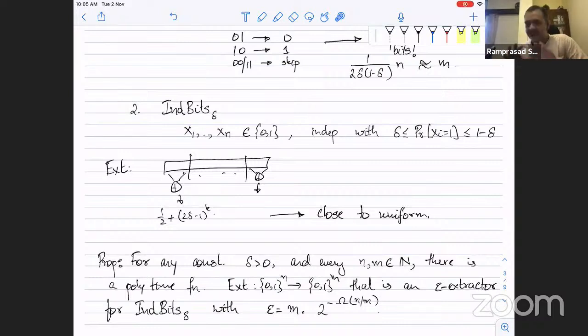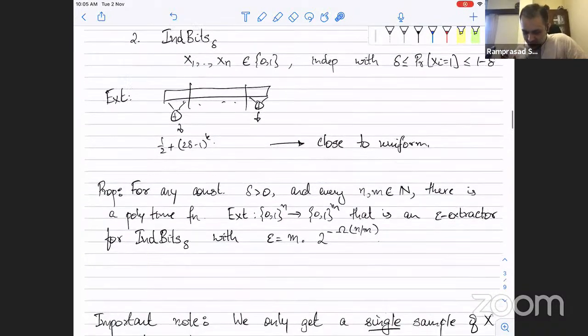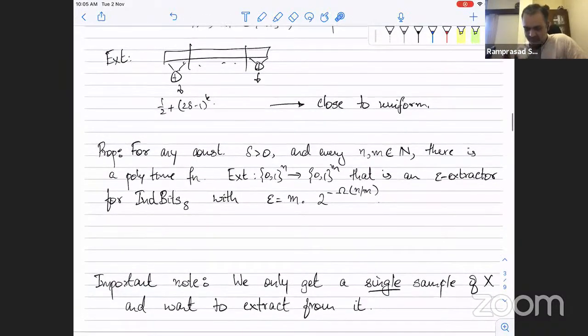Okay, so I hope the rough structure is clear for what extractors are supposed to achieve. I do want to stress a point here, which will become quite important soon. I want to stress it a little earlier than I probably should, so that you don't make certain assumptions otherwise.